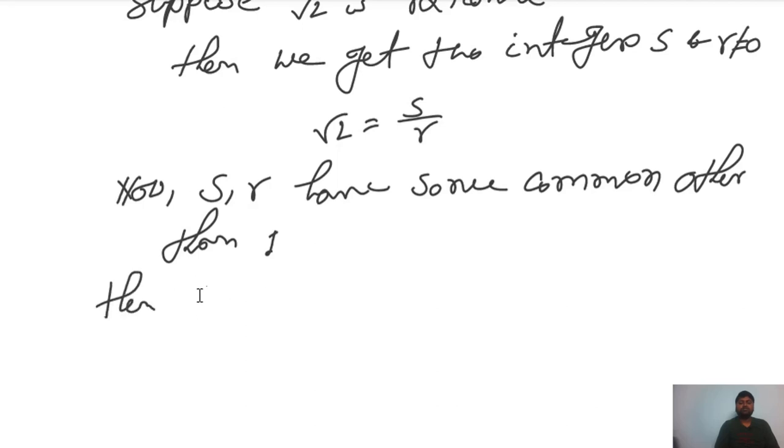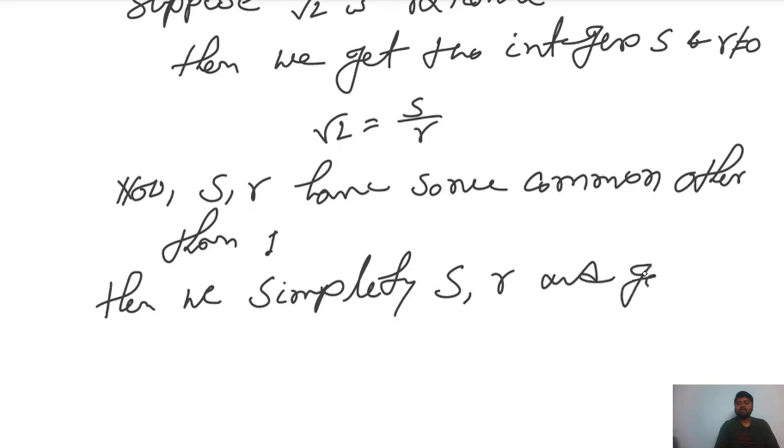Then we simplify s and r and get a and b, where b is not equal to 0.